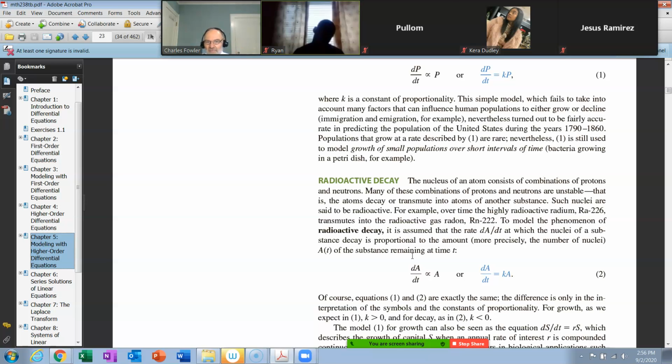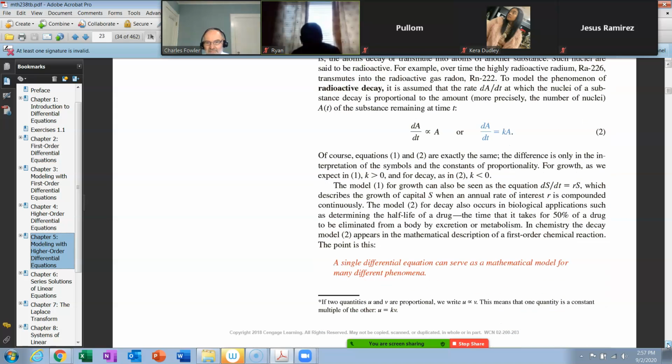Okay. But this is talking about radioactive decay. Same thing holds. The difference here, radioactive decay, K is a negative number. Population growth, that K is typically a positive number. Okay. Same formulation. Pretty amazing. Those would be connected that way.